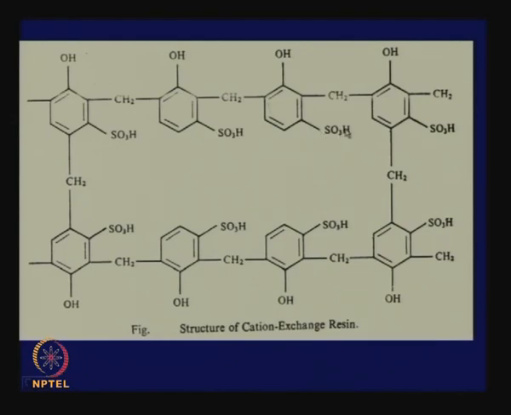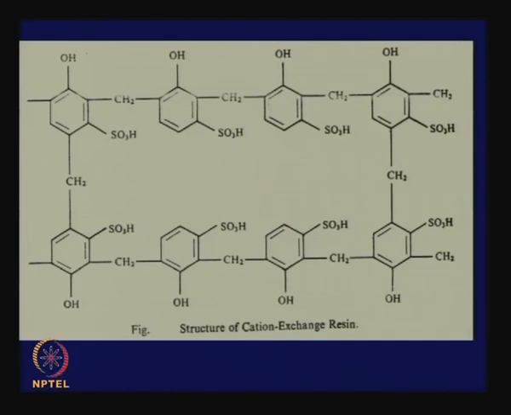Means this hydrogen will be knocked off, in that place a metal cation will be absorbed. So, when you have in the liquid many metals, one or two particular metal cations will be replaced by this hydrogen, and then the metallic value that you are aiming at will be absorbed by this resin.